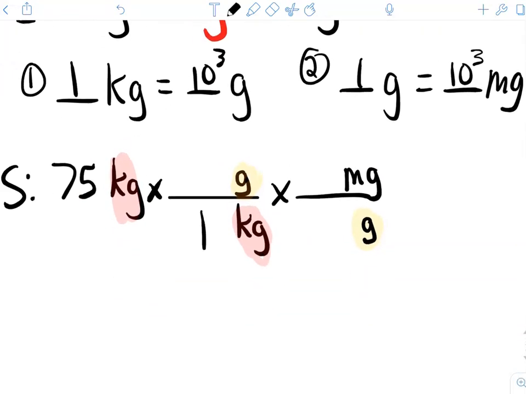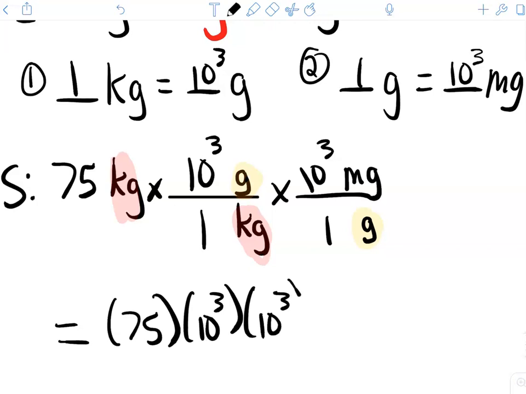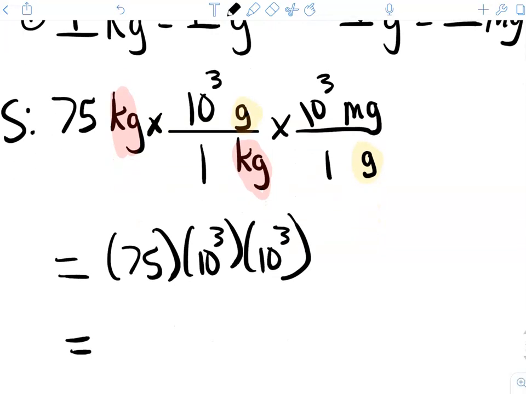So 1 was with kilogram, 10 to the third was with gram, 1 was with gram, and then 10 to the third was with milligram. And whenever you plug this into your calculator, you're going to have 75 times 10 to the third times 10 to the third. And that is going to be 75 with 6 zeros.